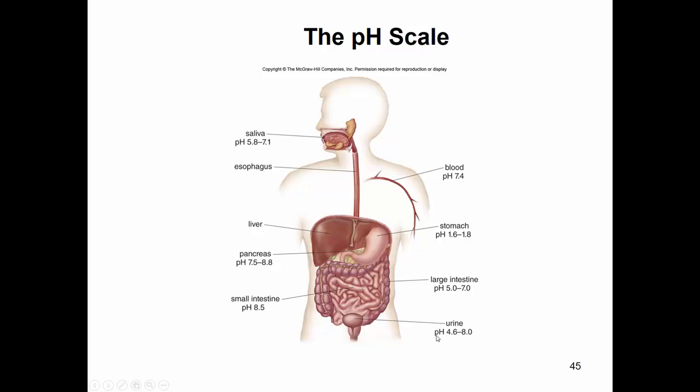Here's urine, which has a wider range. Large intestines between 5 and 7. The stomach is the most acidic of what's listed here, at 1.6 to 1.8. So it's got HCl, hydrochloric acid, being generated in your stomach, your digestive juices there. But just to relate the pH scale to the human body as well.